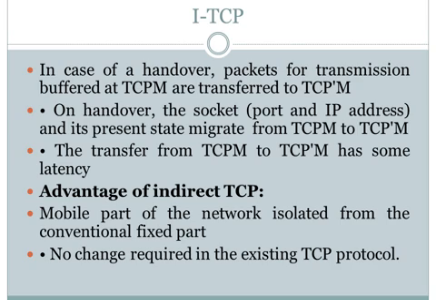However, when it comes to disadvantages, we have seen that there is no end-to-end connection. Both the fixed end and the mobile end will terminate at the access point, or the foreign agent. So there is no end-to-end reliability.